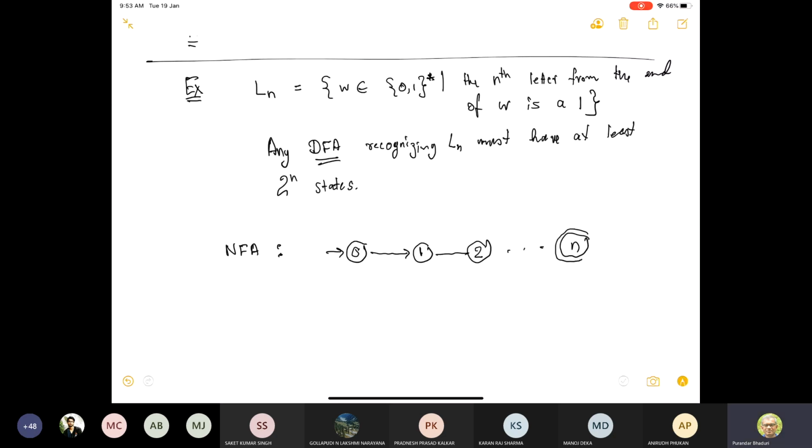This is a final state. So the automaton just guesses at some point that the one that it is seeing is the nth letter from the end. And after that, it doesn't matter whether it's a 0 or 1. Yeah? And so on. Do you understand this? So it has n plus 1 states.